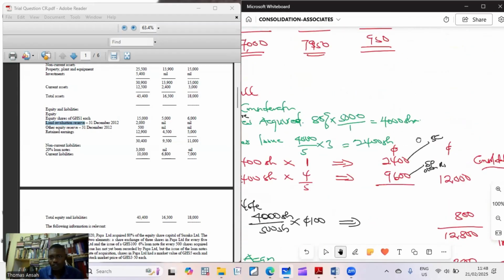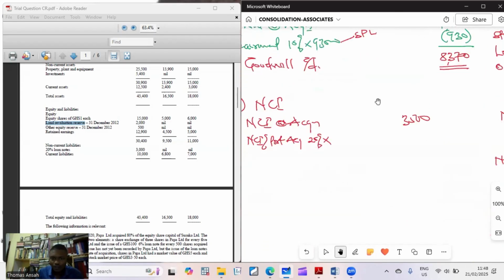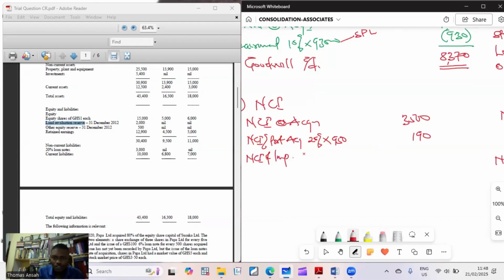Machine is misbehaving. I think it's 950, right? Because of the internet. 950. So 20% of 950 is 190. And also their share, NCI share of impairment, which is 20%. The impairment, I had 930.